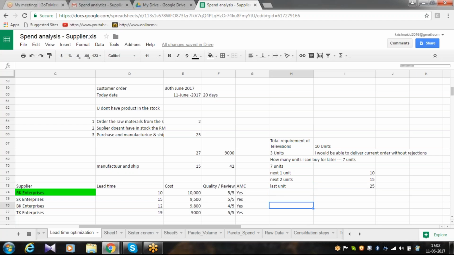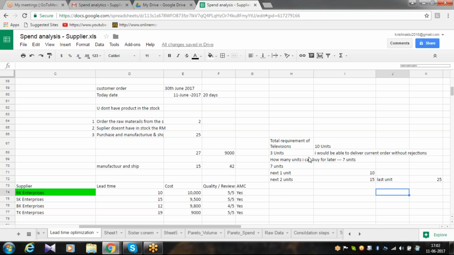Okay. So how do we actually allot this breakup to different suppliers? This is from the buyer's point of view, right? Yeah, buyer's point of view. So what I want is, the 3 units I'm giving the order to whom?